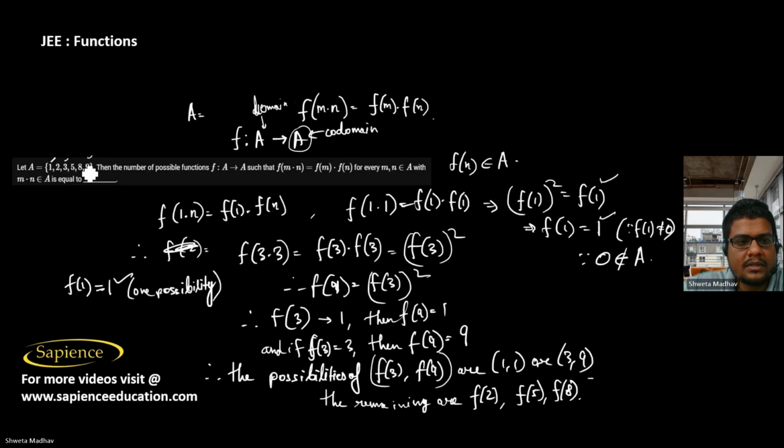Now f of 1 is 1 only, so I can say 1 into f of 2. So f of 2 I can tell it can be any number out of these 1, 2, 3, 4, 5, 1, 2, 3, 5, 8 and 9.